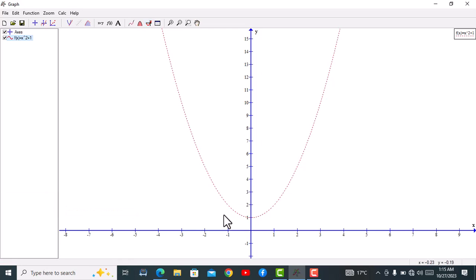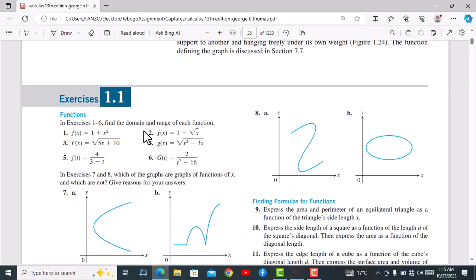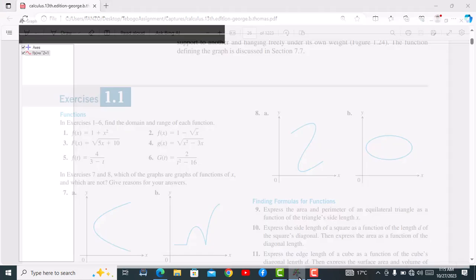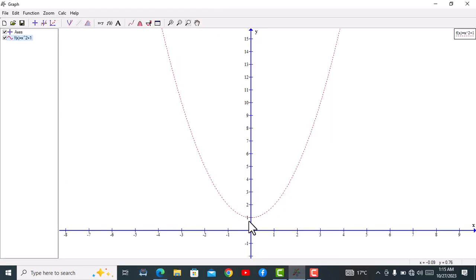So this is from -infinity to +infinity, and they are also looking for the range. And the range of the function, as you can see, the range are the values of y. The graph begins at 1 and it is defined at 1 going to +infinity. So you will have that enclosed bracket to show that 1 is inclusive.